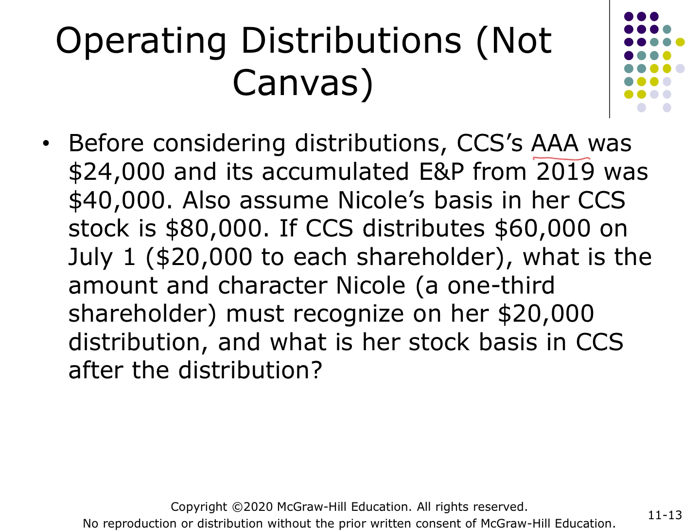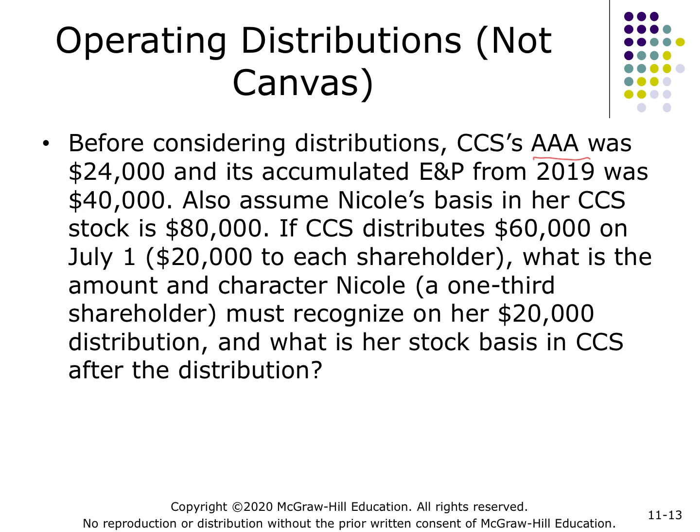It can go negative, but distributions cannot send it negative. So what is in that AAA account? Well, you've got a beginning of the year balance, and then each year it increases as a result of separately stated income and gain items, except for tax-exempt income.